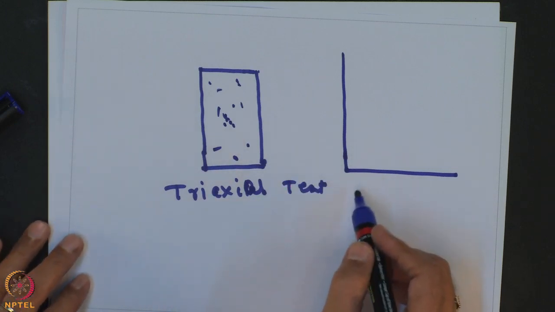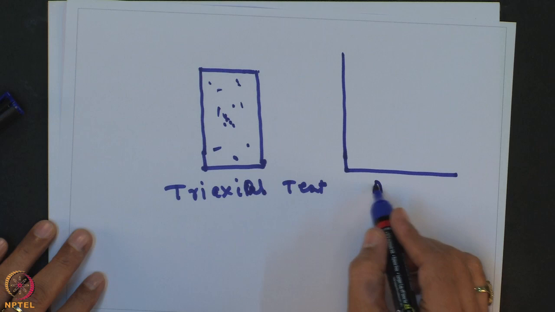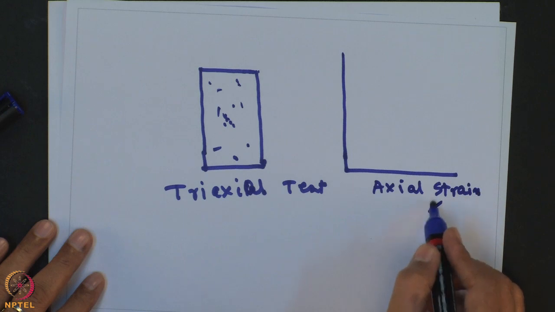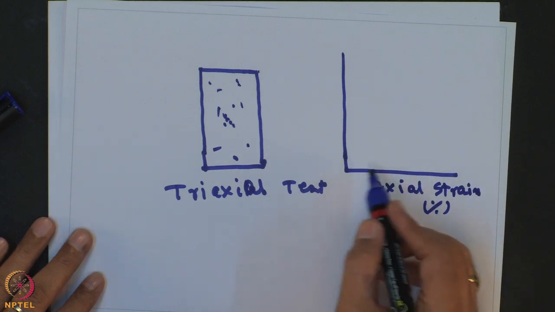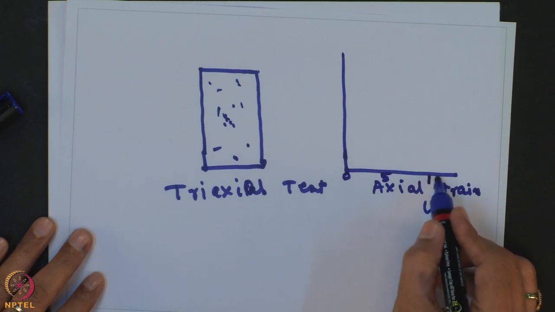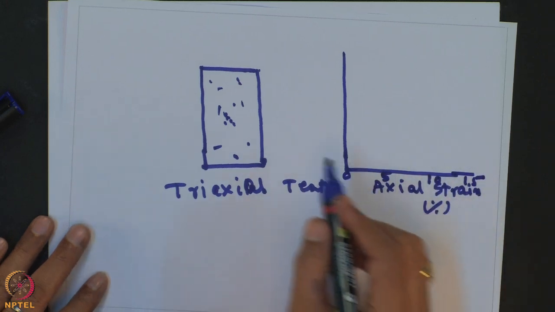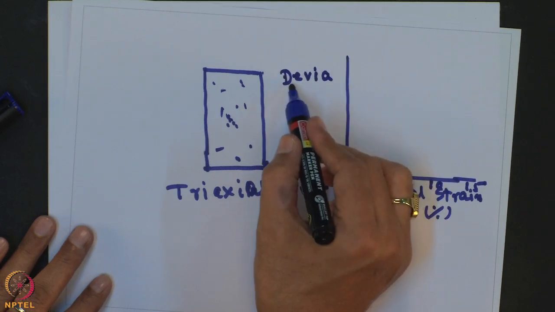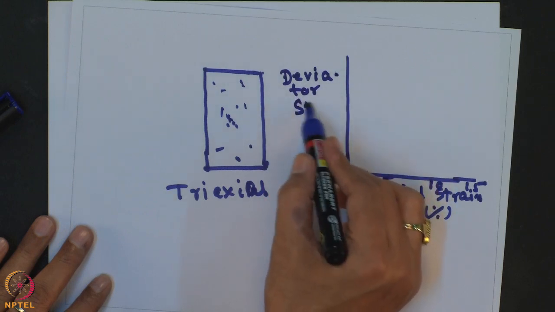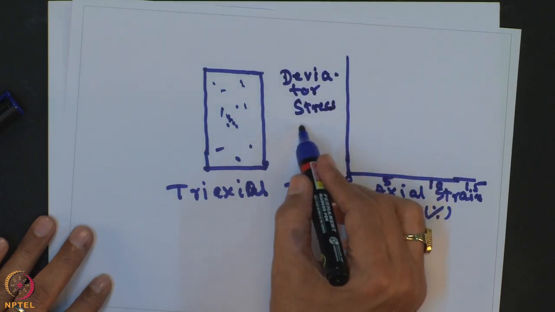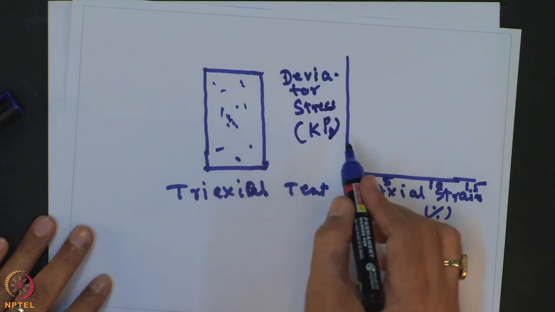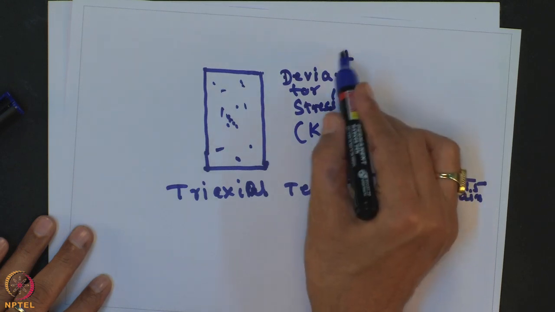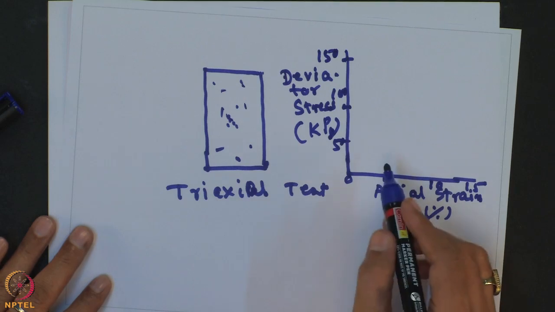So, you can draw a correlation between the axial strain in percentage, let us say 0, 5, 10, 15, and the deviator stress in kilopascal, let us say 50, 100, and 150 kilopascal.